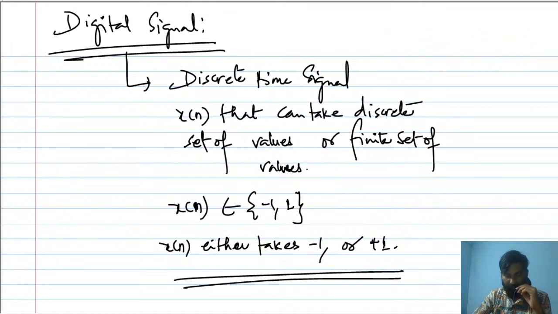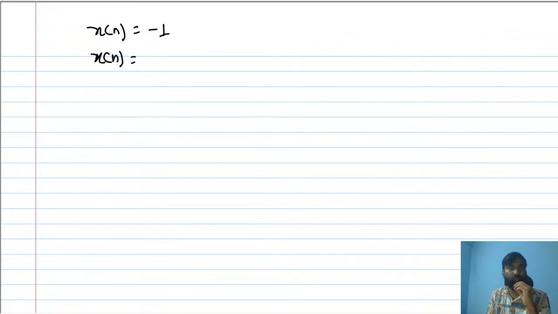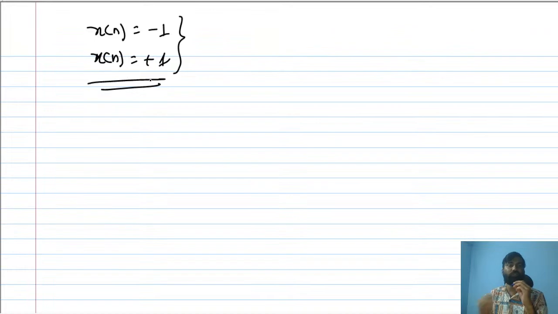So x(n) will be equal to minus 1 or 1, two situations. This is the digital signal. When we talk about digital modulation schemes, or any question from digital communication, this is how they represent it. Out of these two values, x of n can take only one value at a time, not two at the same time.